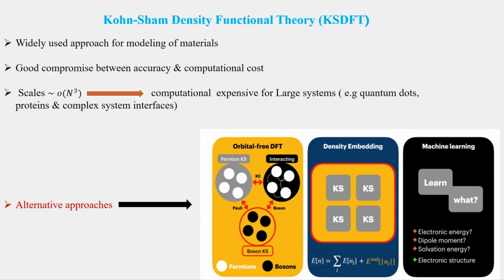We have a number of approaches, which include orbital free DFT, density embedding, and the machine learning approach. For example, orbital free DFT follows from Kohn-Sham DFT, where non-interacting fermions are matched to interacting fermions via the exchange correlation.